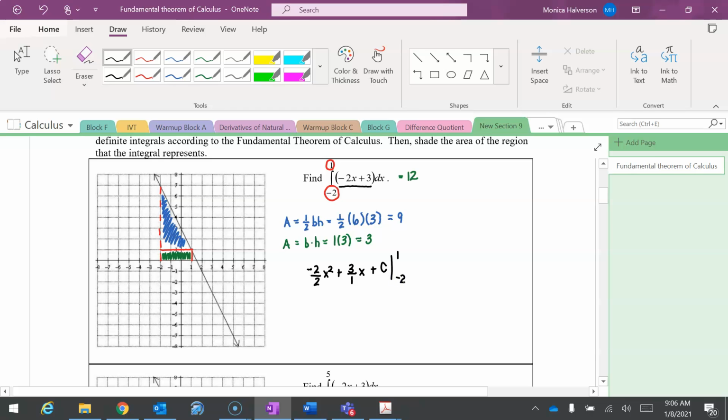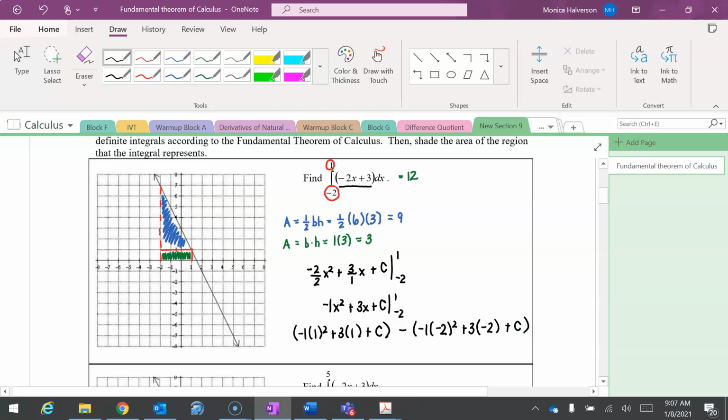So it's really negative 1 x squared plus 3x plus c from 1 to negative 2. So negative 1 times 1 squared plus 3 times 1 plus c minus negative 1 times negative 2 squared plus 3 times negative 2 plus c.